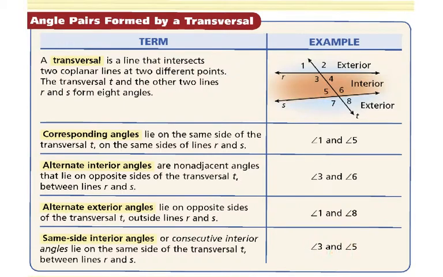It's listed right here. 3 and 5 are same side interior angles because they're on the interior and they're on the same side of the transversal. Another pair of same side interior or consecutive interior angles are 4 and 6 because they lie on the same side and are on the interior. So that is all of our pairs of angles that are formed by a transversal.